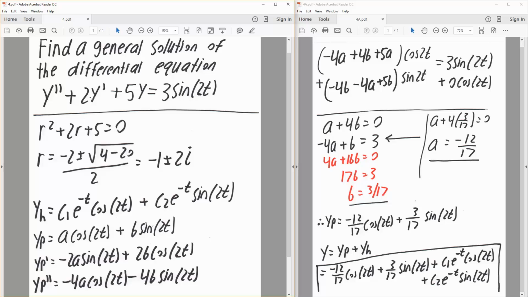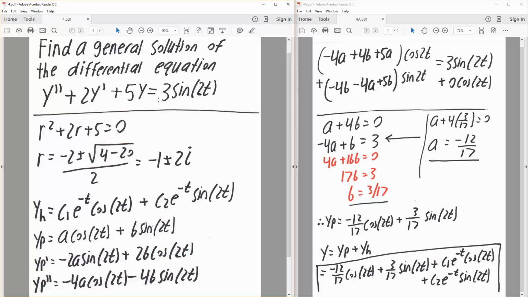Next, we do 2y prime, so we multiply this by 2. It's going to be negative 4a sine 2t plus 4b cosine 2t. We have a negative 4a sine 2t, so we plug in negative 4a here. And here we have 4b cosine 2t, so we plug in plus 4b.